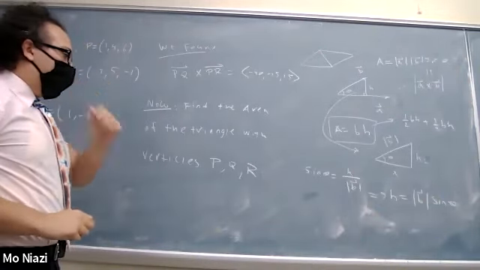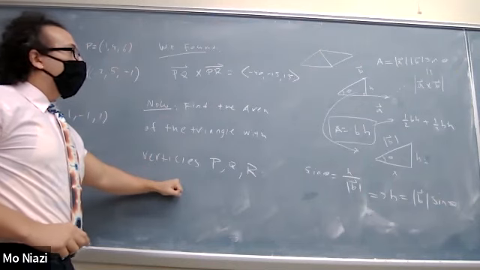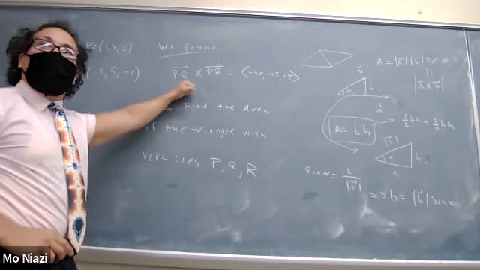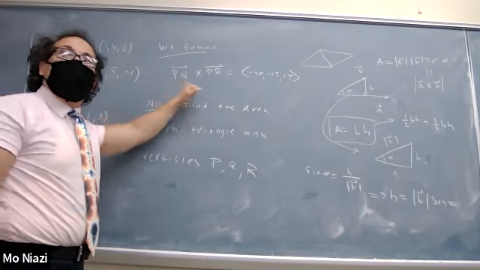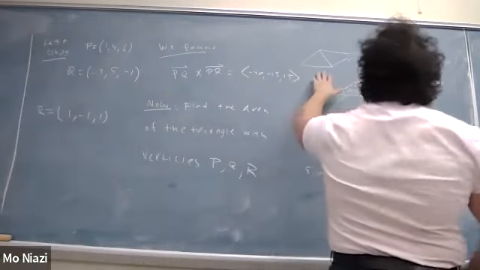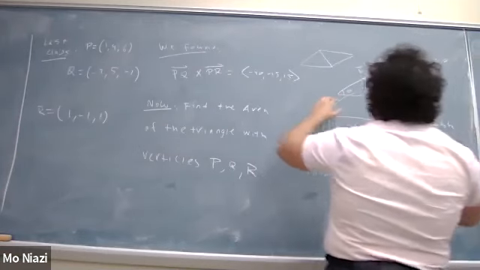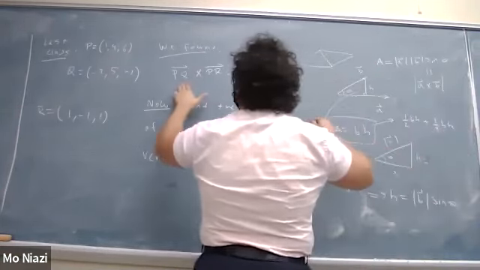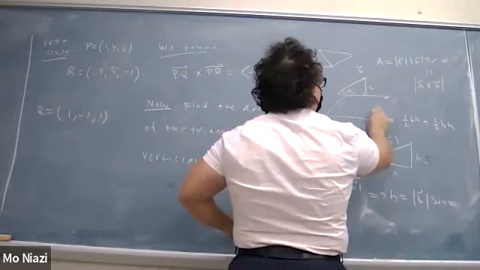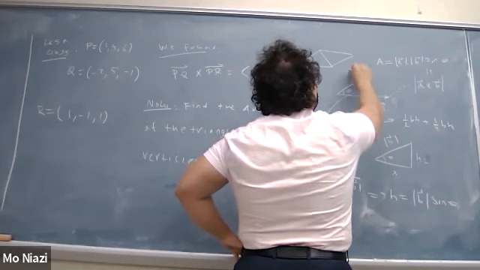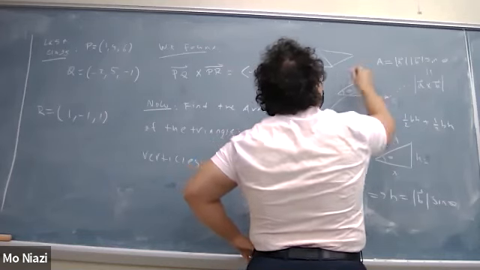So in order to find the answer to this problem, all we have to do is find the magnitude of this cross product and half it, because we want to know the area of the triangle based off of these vertices. We know the displacement vectors, you can almost call this PQ and call this PR.